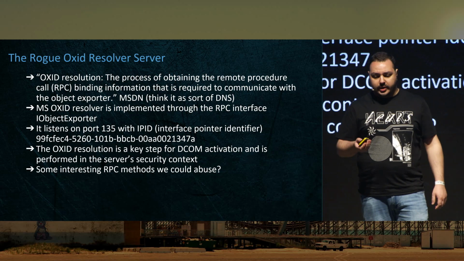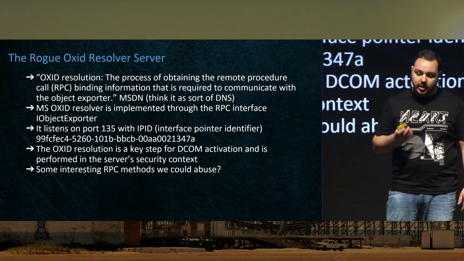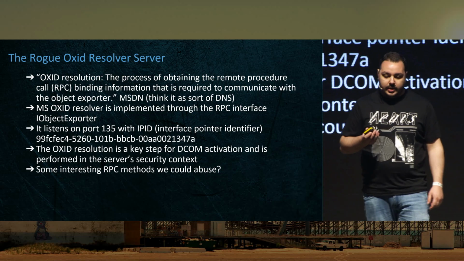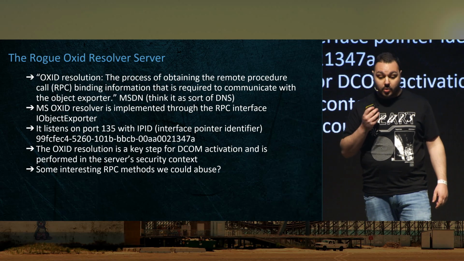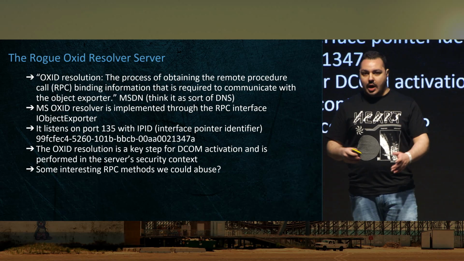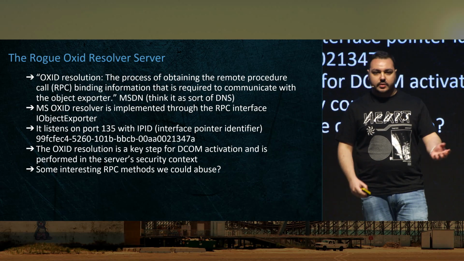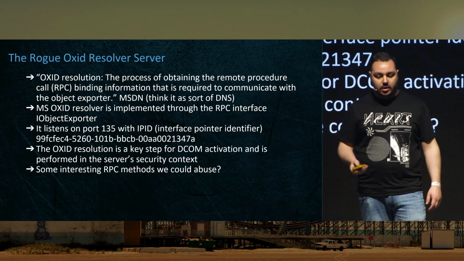The OXID resolver is running on every Windows machine. It runs on port 135, and it is exposed through the interface IObjectExporter. I'm not going into detail on how we implemented it, because it involves MIDL compiler, client stubs, and so on and so on.